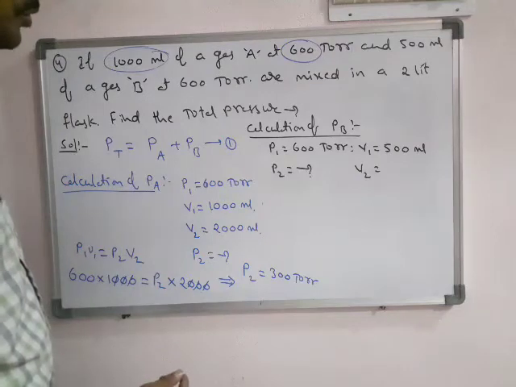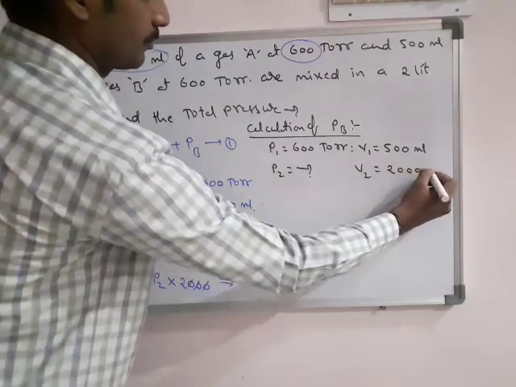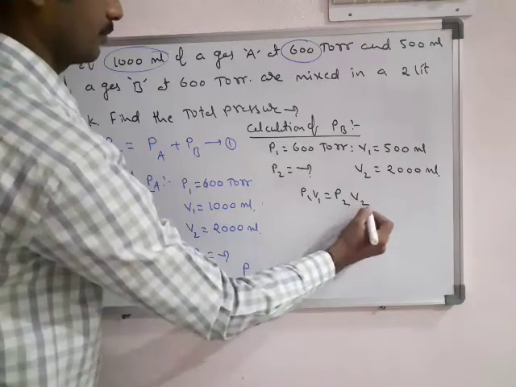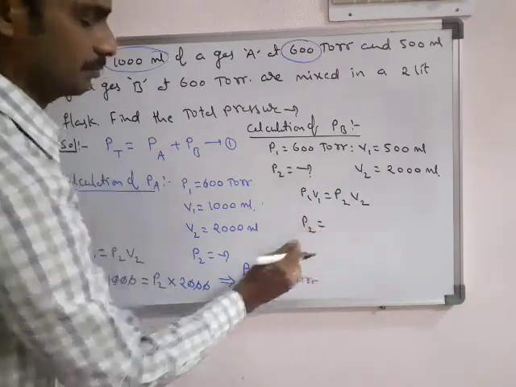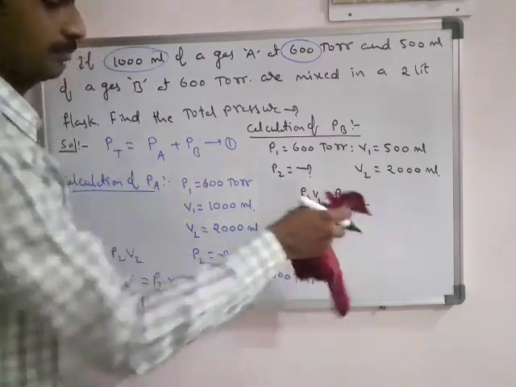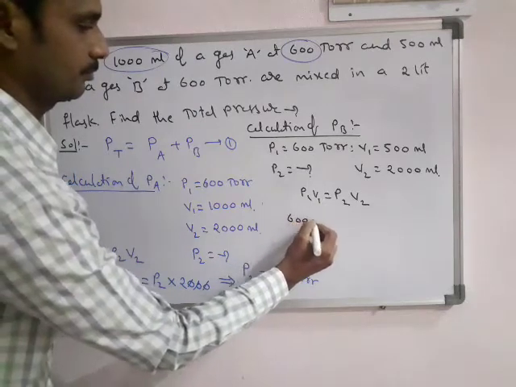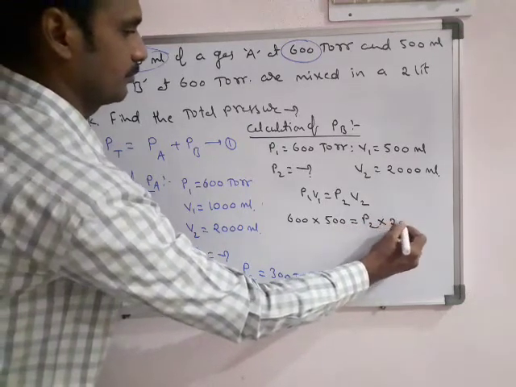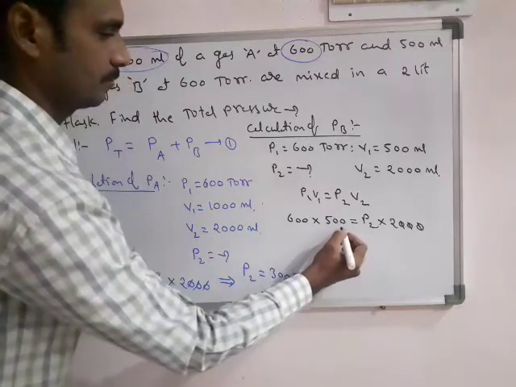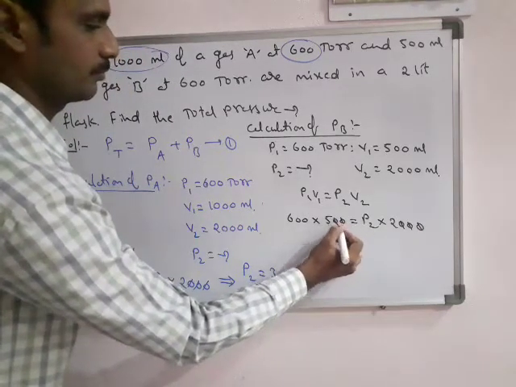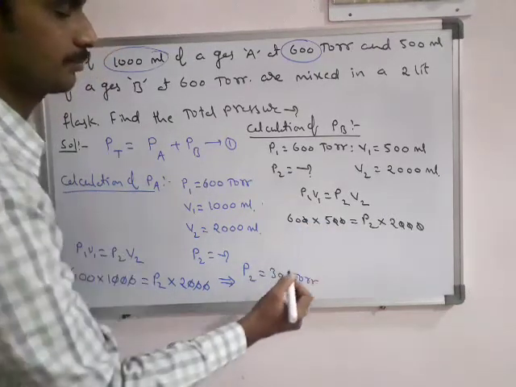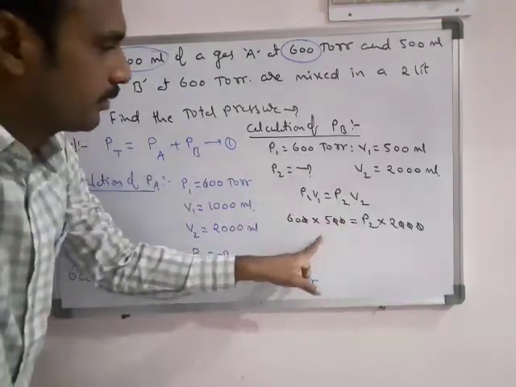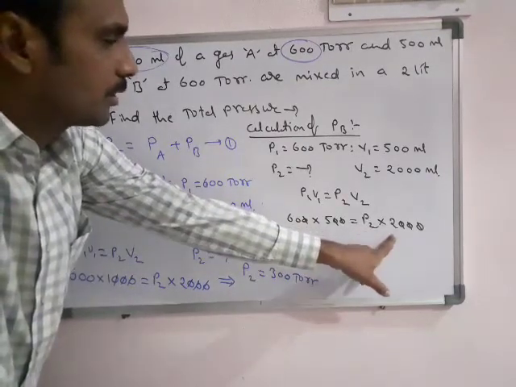It is also transferred to 2 liters, so V2 is 2000 milliliters.